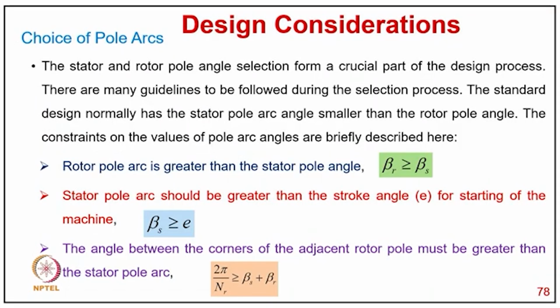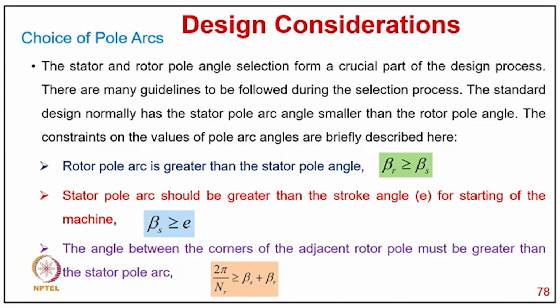So now coming to choice of pole arc, the stator and rotor pole angle selection form a crucial part of the design process. There are many guidelines to be followed during the selection process. The standard design normally has a stator pole arc angle smaller than the rotor pole arc angle, and the constraints on the value of pole arc angles are briefly described here.